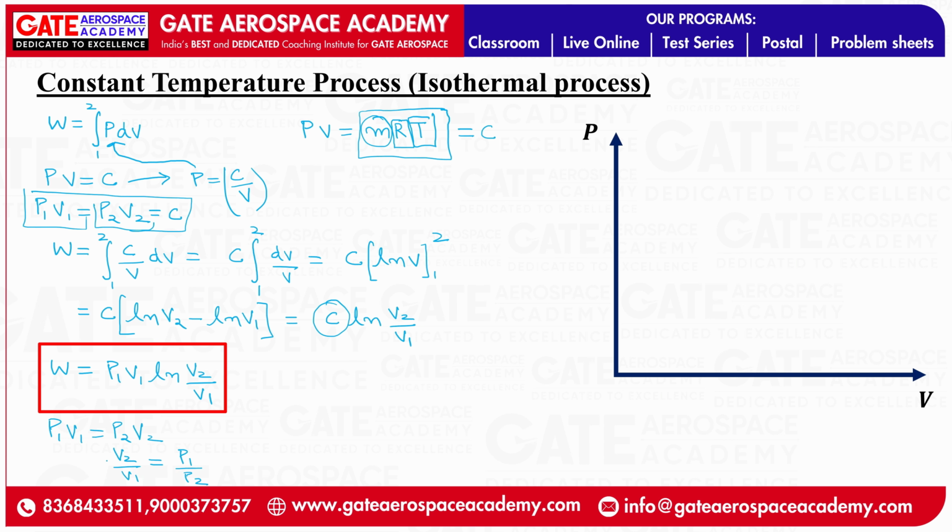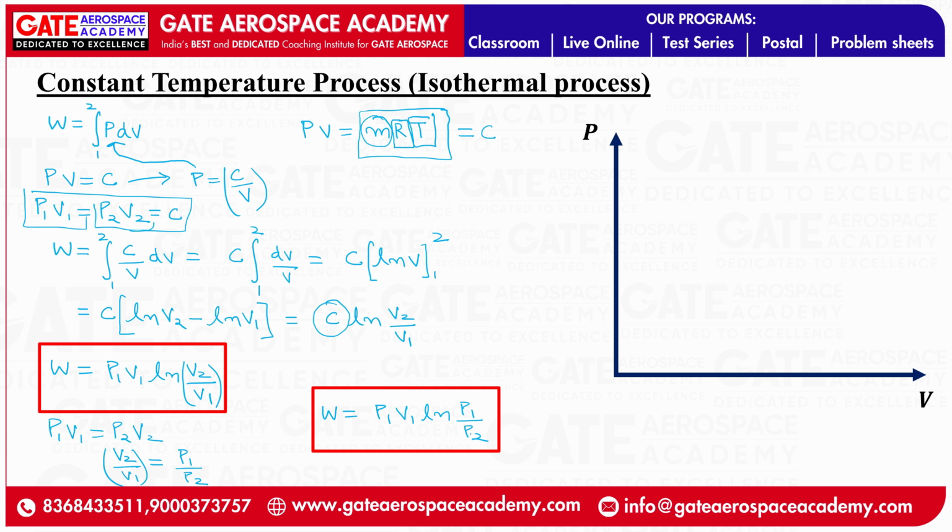So we can replace this V2 by V1 in this work done expression in terms of pressure ratio, right? So when we replace, what we will get? Work done is equal to P1 V1 ln P1 by P2. Correct? This will be the work done formula in terms of pressure.